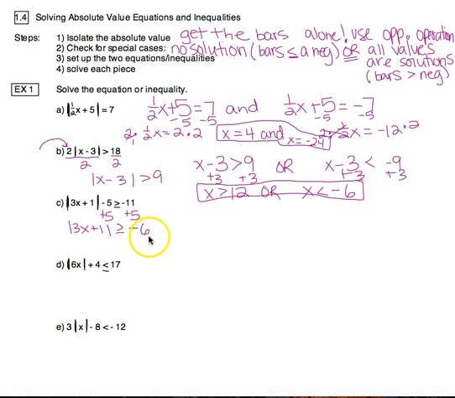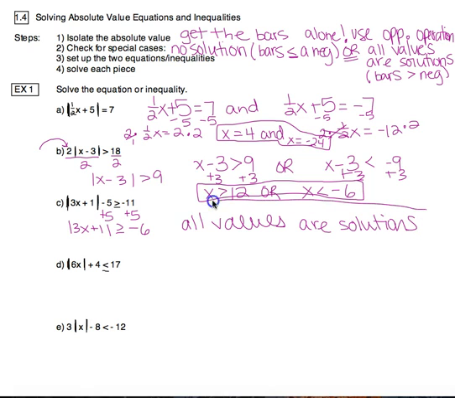And distance, because the minimum distance is 0, is always going to be bigger than negative 6. So I don't even need to do steps 3 and 4 when I get a special case. I would just simply say all values are solutions. And then I'm done with that guy.